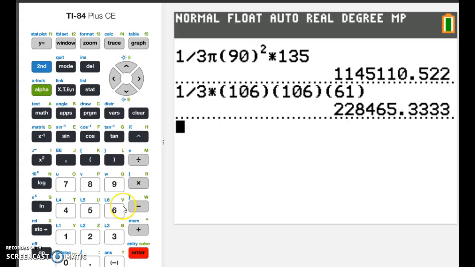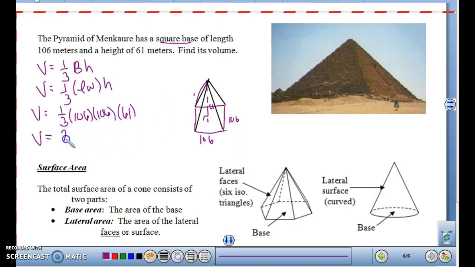And you get 22,845.33, and this is in meters, so it's cubic meters. So that's volume. Volume is 1/3 the area of the base times the height.